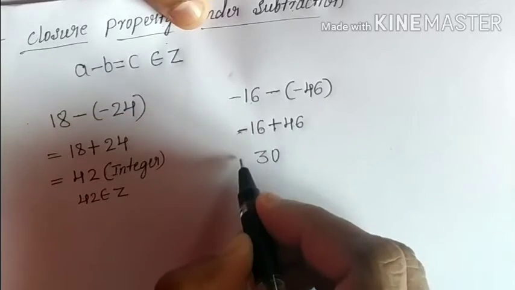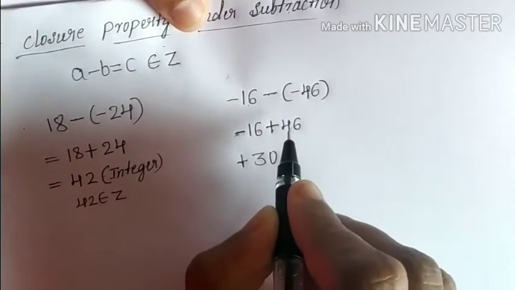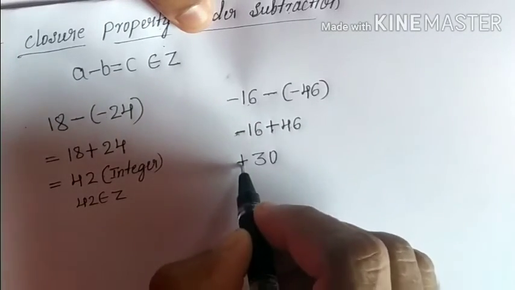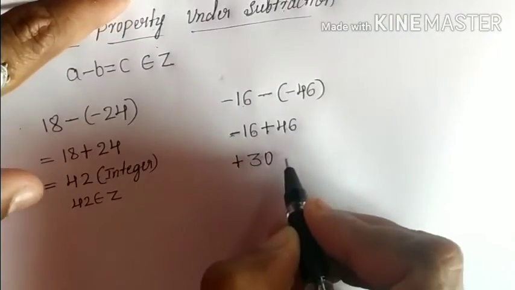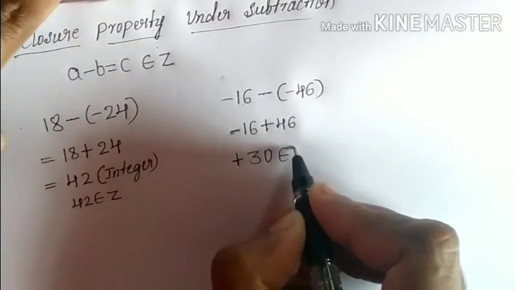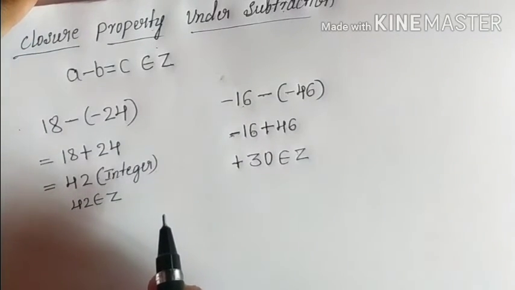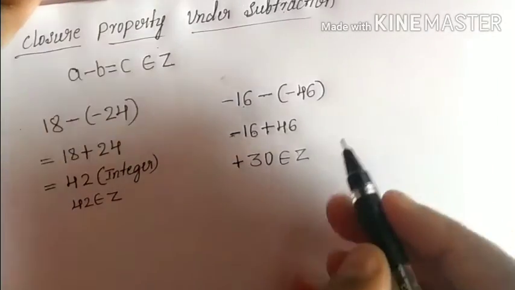We put the plus sign. Why do we use the plus sign? Because the greater number has the plus sign. Therefore we will write the plus sign. So this plus 30 also belongs to Z. Therefore integers are always closed under subtraction.